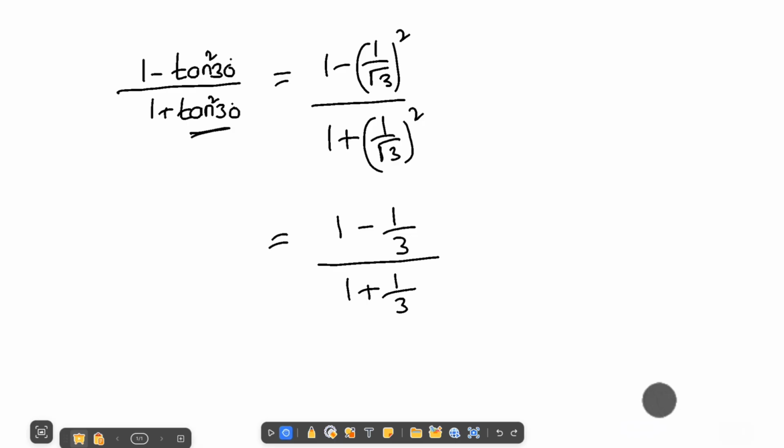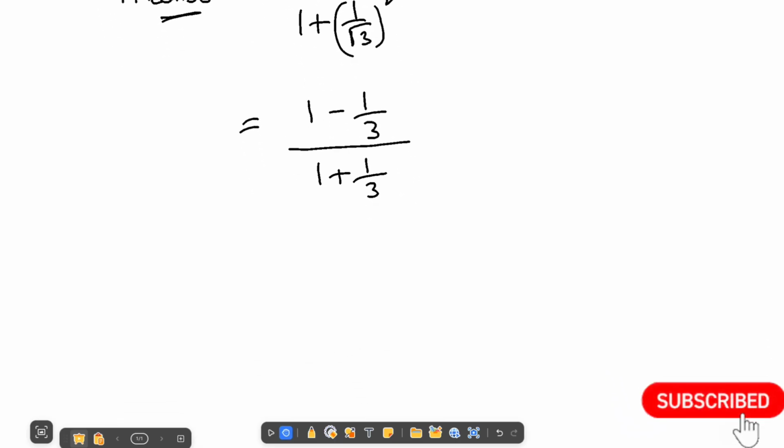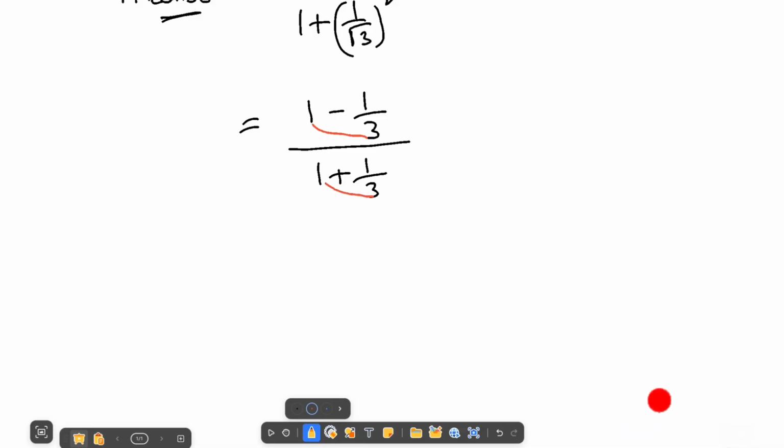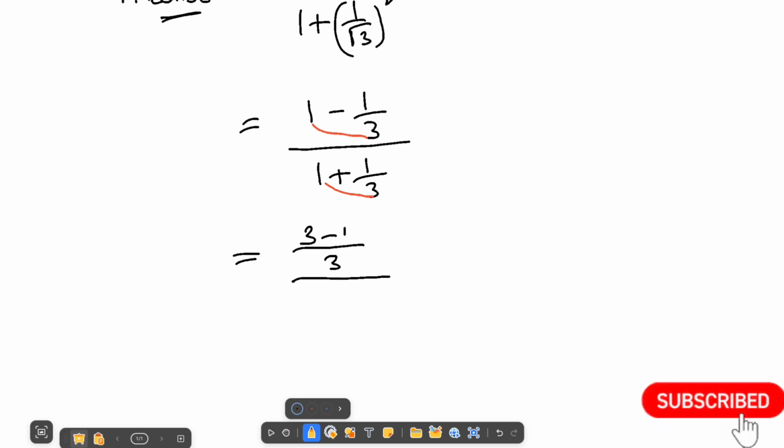So now what do we get here? Here we have to multiply 1 and 3. 1 into 3 is 3. Here also 1 into 3 is 3. So what is the next step? 3 minus 1 whole by 3 in the numerator place. In the denominator place, we'll get 3 into 1, 3 plus 1 by 3.